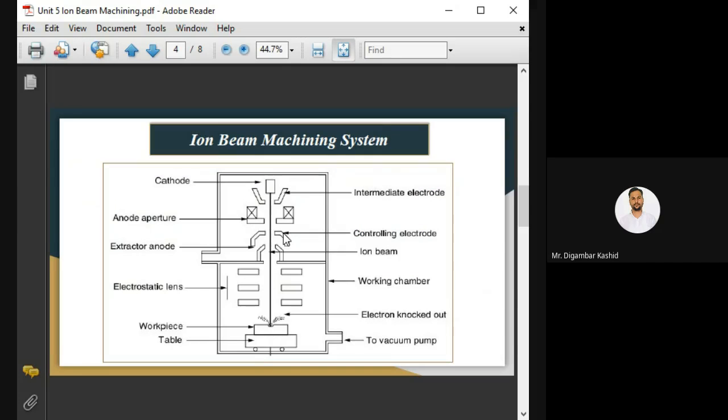You can see in this diagram, here a heated tungsten filament is used, and that heated tungsten filament will act as a cathode. That means it is connected to the negative terminal of your DC power supply. From this cathode, electrons are accelerated by means of a high voltage, that is 1 kilovolt.